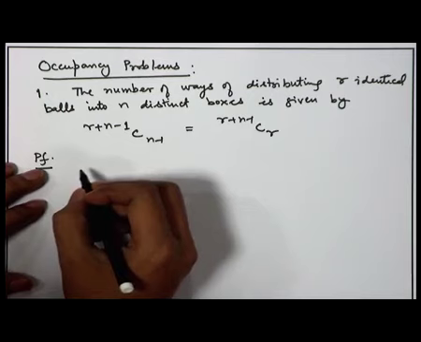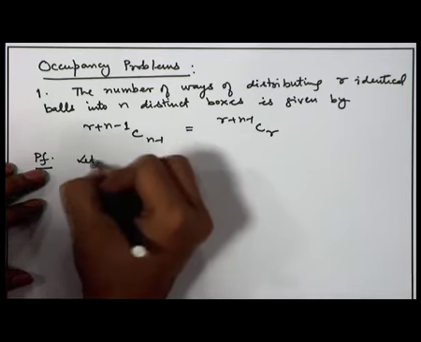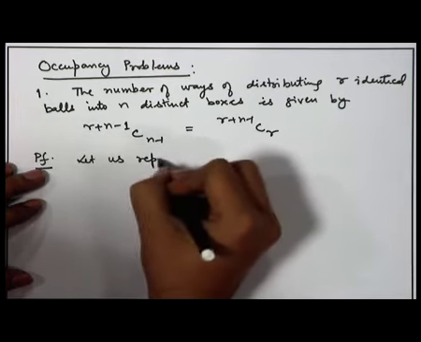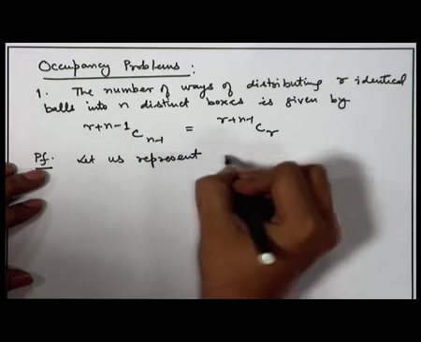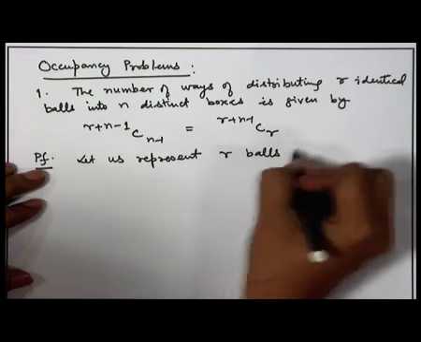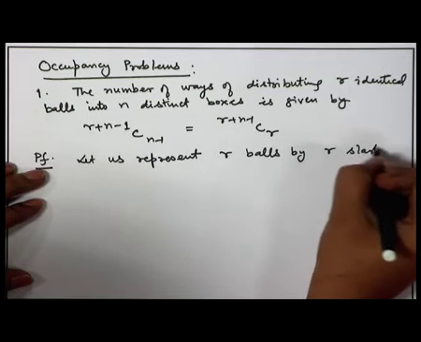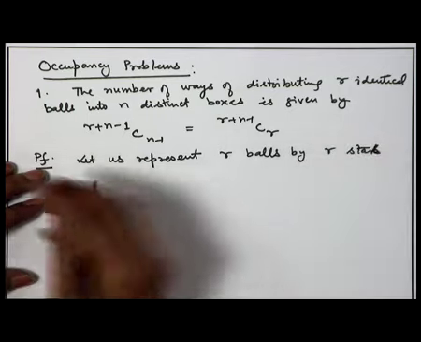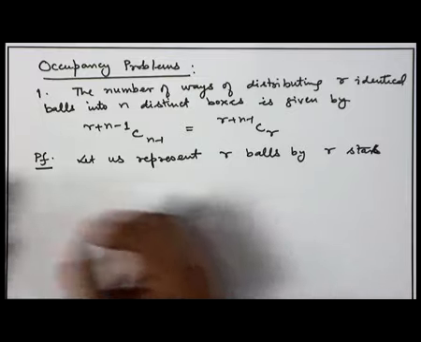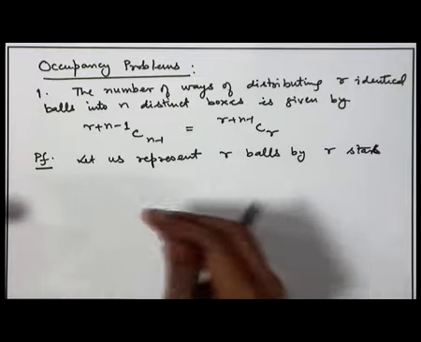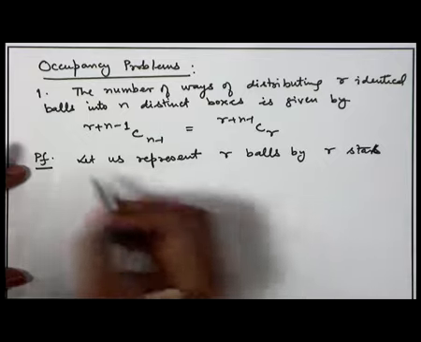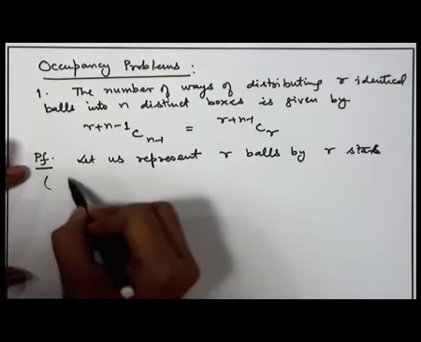Let me give a proof of this. Let us represent r balls by r stars. This is just a way of representing. Sometimes we write it as r apples and in between we are placing oranges and so on. I am just using the simplest notation, stars.